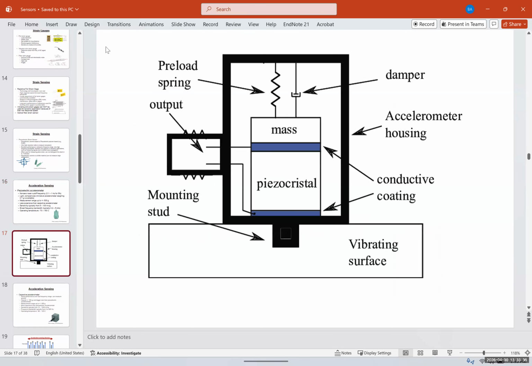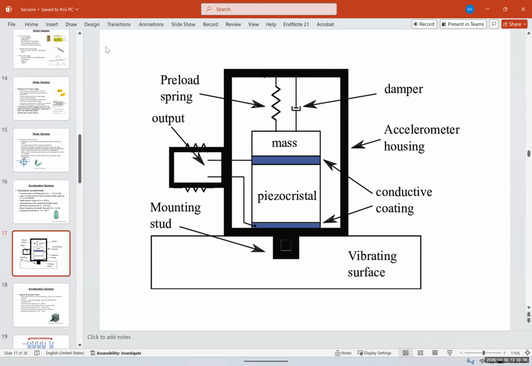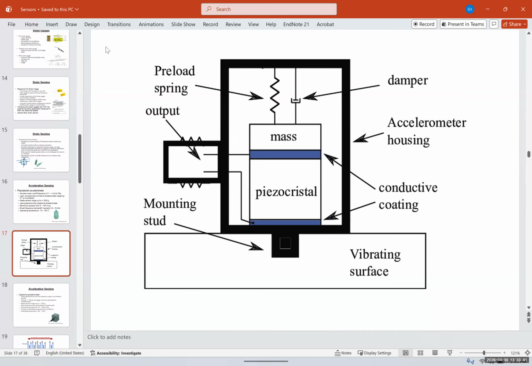So it's pretty good. And the way that a piezoelectric accelerometer, or acceleration sensor, works is that we have the piezoelectric in the middle, pressed between two conductive coatings, and these conductive coatings are to pass the electric current or charge that it produces. Then we have a mass connected to that.